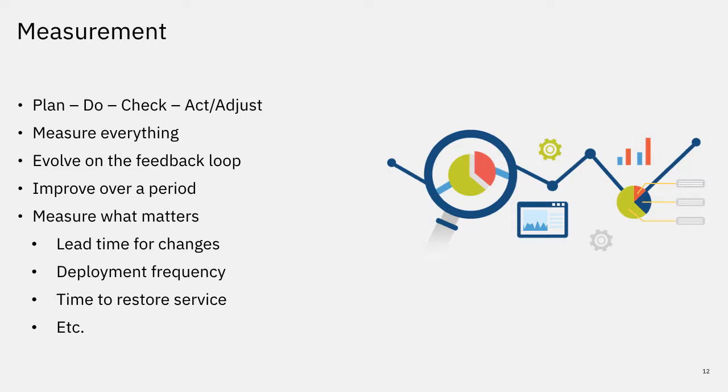And for some of you, time to restore service. If my service goes down, what is the SLA, and what is the minimum time that you need to bring back up the service and things like that. So the metrics depend on your business context, but it is very, very important for you to define those metrics that matter to you and contribute to your overall product development lifecycle improvement.